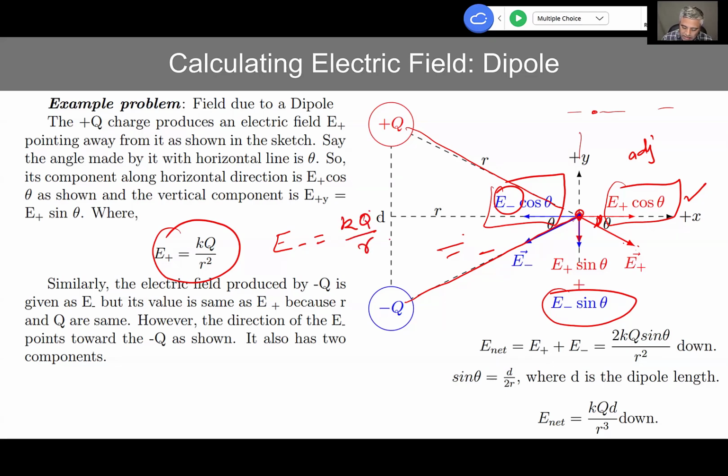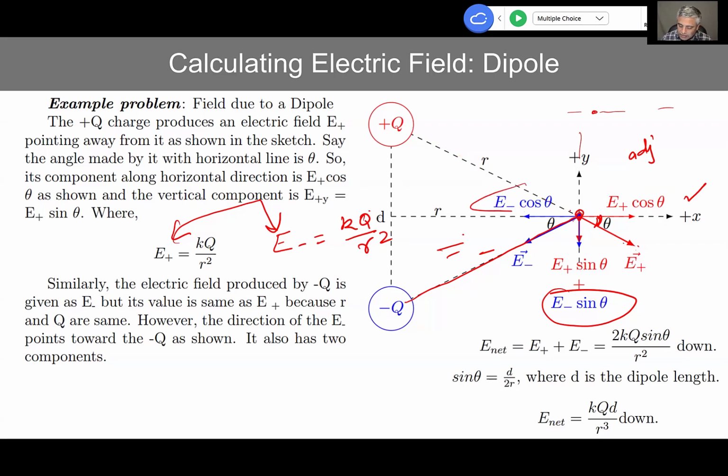The value of charge is the same and the distance is the same. So the values are the same. And if we look at the X component, these two have the same value, but they are pointing in opposite directions. So that means they cancel after we do the vector sum, or the net becomes 0.